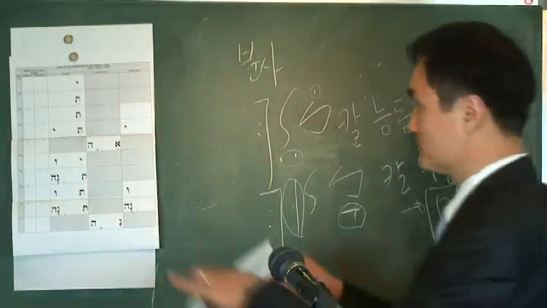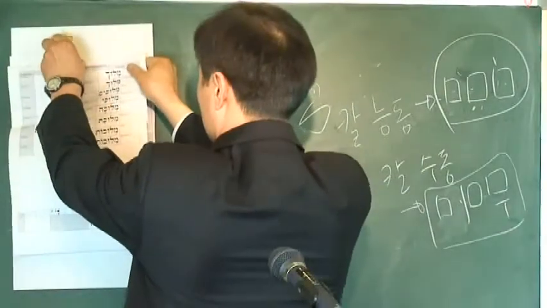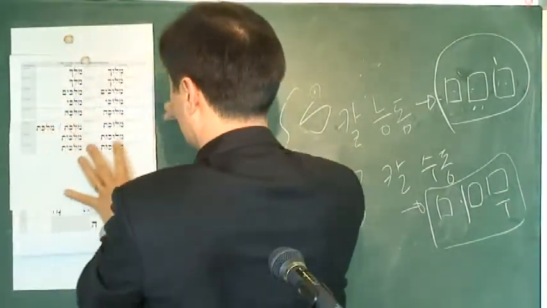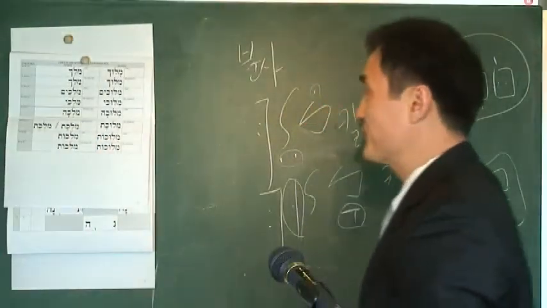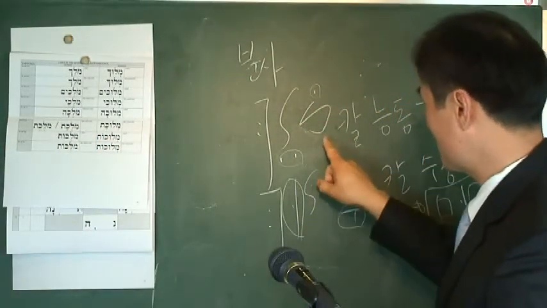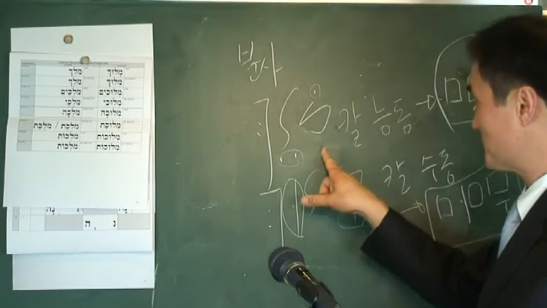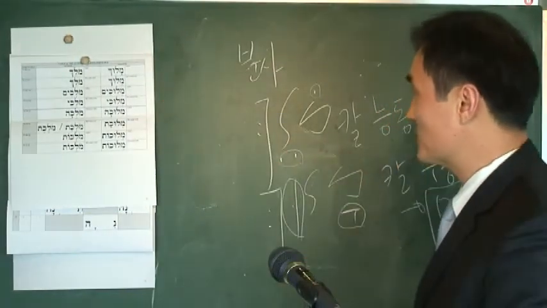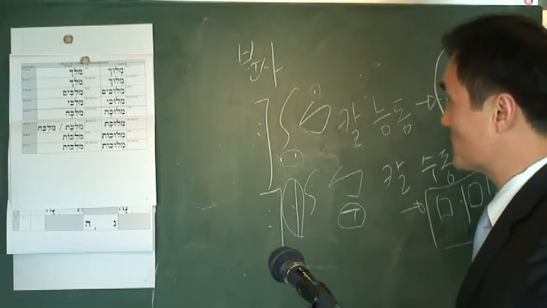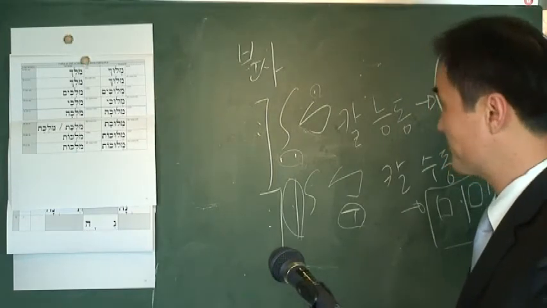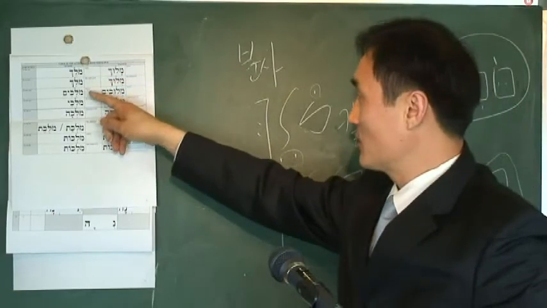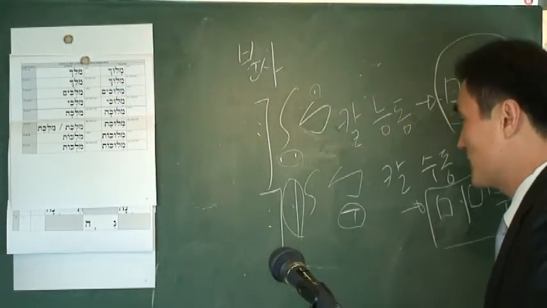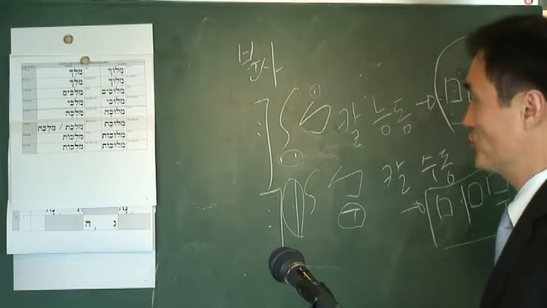Let's look at the absolute and construct states. The masculine singular is molek. Please read along. Molek. The masculine singular construct is the same in form. Molek.